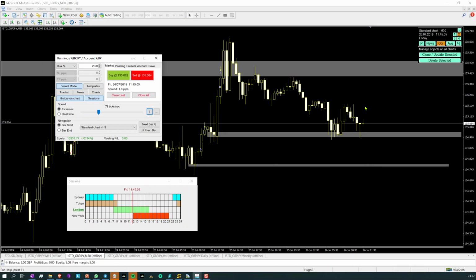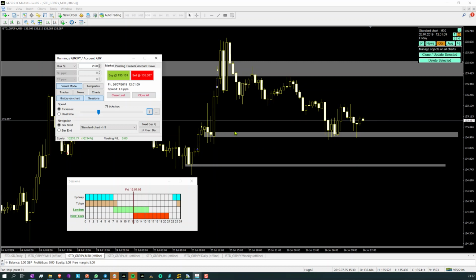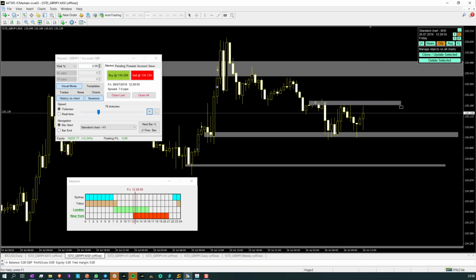Now, but we should see rejection from the upside. Let's see. This zone here, we need to break above this.